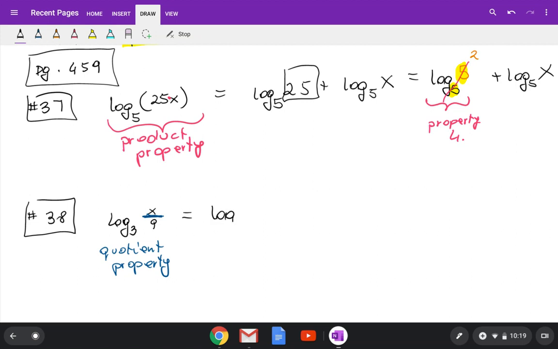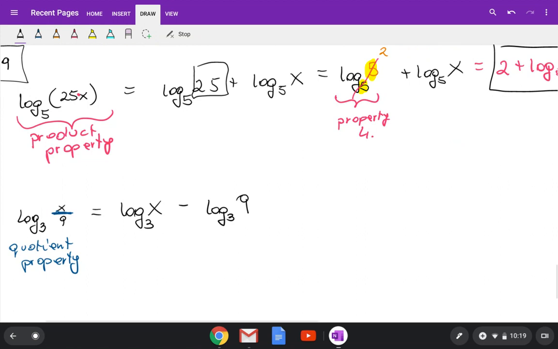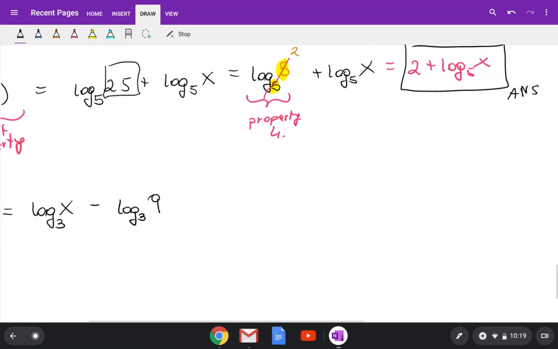So I'm going to expand that as log base 3 of numerator minus log base 3 of denominator. Log base 3 of x, there's nothing we can do with this. So let's just copy log base 3 of x.